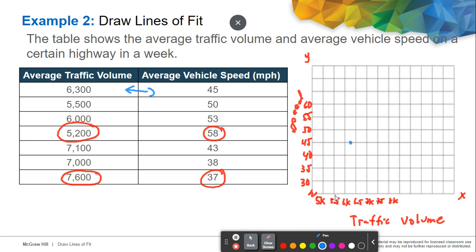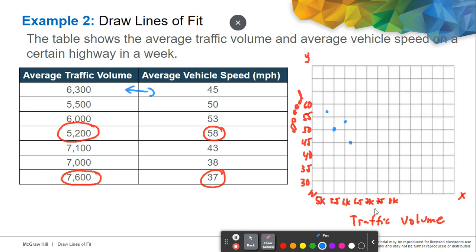So 5.5 and 50 will be here. We have 6,053, which will be somewhere here. 5,258 will be here.